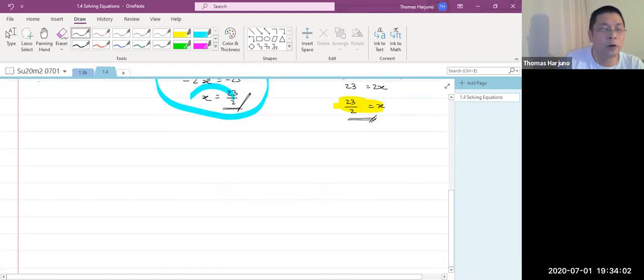Let's do some problems from our textbook. In this textbook, we will actually focus on first the linear equation. That's the easy part.